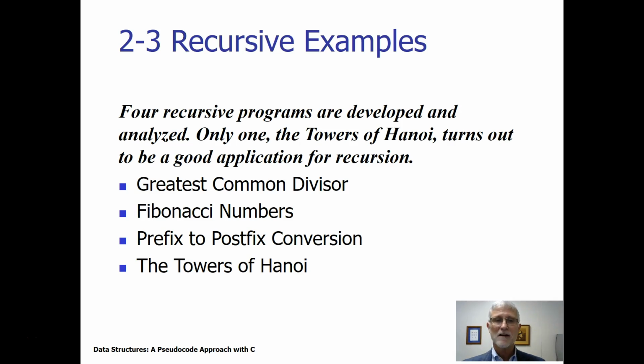Of course, we understand greatest common denominator, but Fibonacci, prefix to postfix, you're probably going to use that when we get more into graph and tree traversals. And then the towers of Hanoi, and I'll explain that in a little bit. So these are 4 common opportunities to have recursion used to the benefit of both understanding of the problem and speed and accuracy.